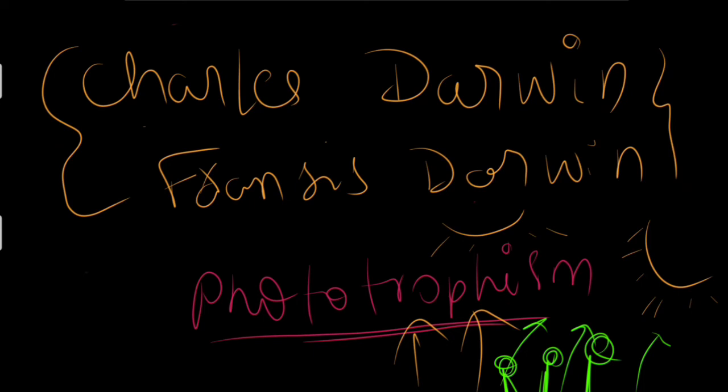This was observed by Charles Darwin and Francis Darwin while doing the experiment on the coleoptiles of these canary grass. They found a compound which was helping for phototropism, and they did not name the compound.